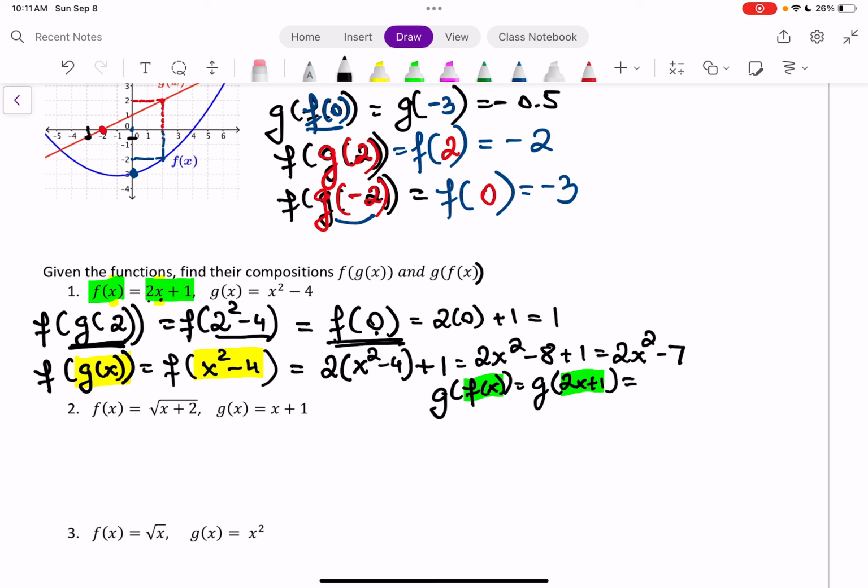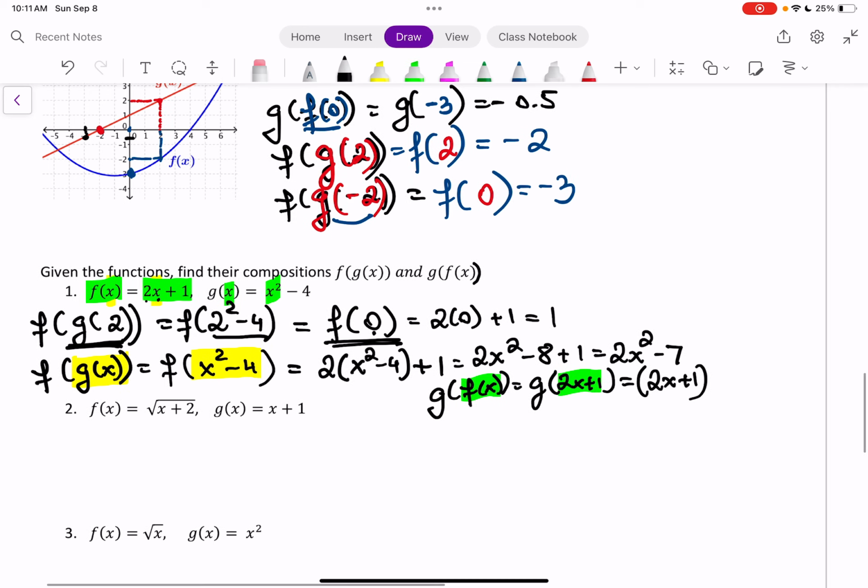Now what does the function g do? Wherever it sees an x, it squares it. So plug in 2x plus 1 where you see the x. Now it says square that, and then minus 4. You can totally leave the answer as it is. You don't need to simplify it, really. I just want to make sure that you're plugging it correctly.